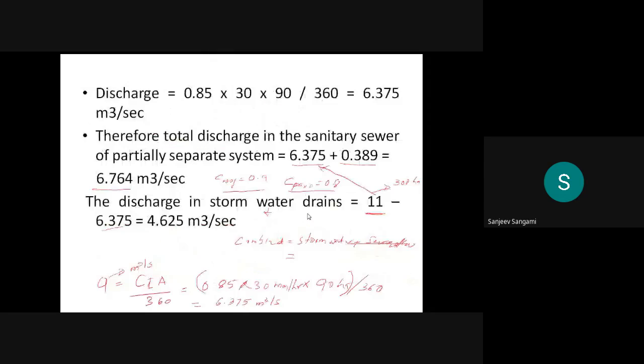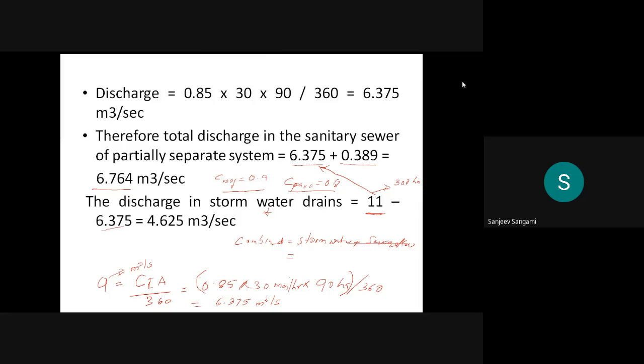With that average value we calculated the discharge: 0.85 times 30 times 90, divided by 360. Here 0.85 is the C, I is the intensity of rainfall, which is 30 mm per hour, and 90 is the area, that is 45 and 45, because 50% of the total area is occupied by the paved area and another 15% by the courtyards.